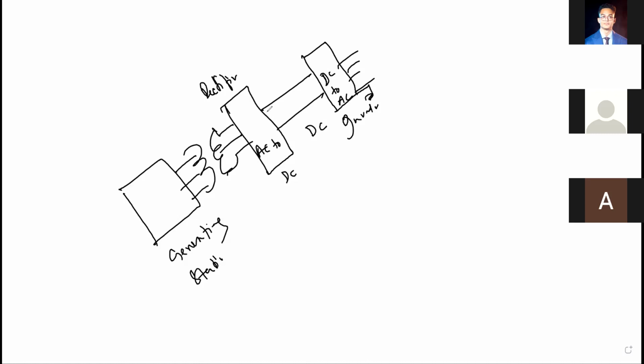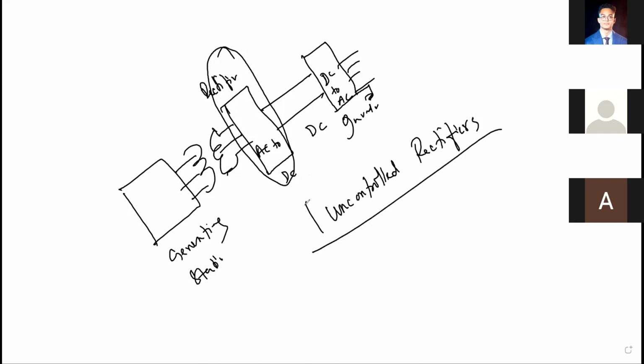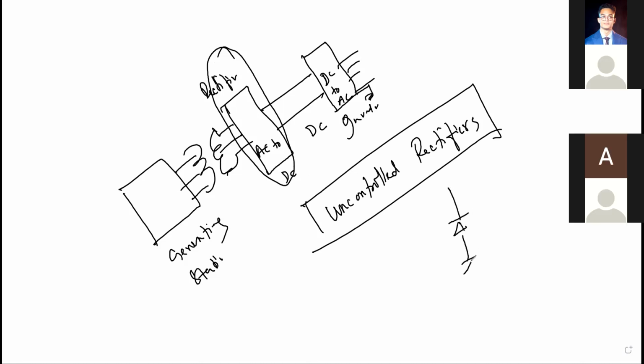So this rectifier, they are suggesting that it is not the uncontrolled rectifier we have so far studied, right? In the uncontrolled rectifiers, what are the devices we have used? Diode. Diode, right?